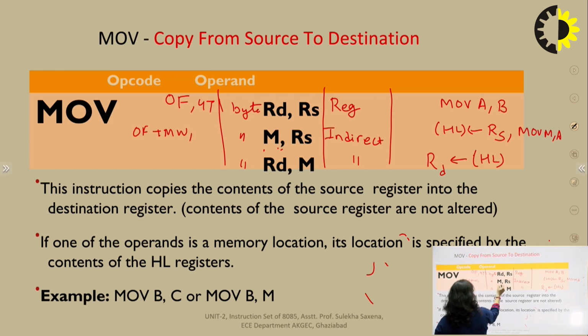So total T states will be 4 plus 3, that is 7. Whereas in the third instruction, the content of memory is read and copied to register. So opcode fetch plus memory read, total 4 plus 3, that is 7 T states.